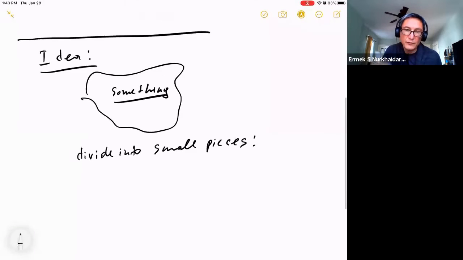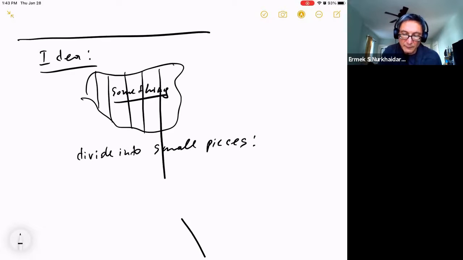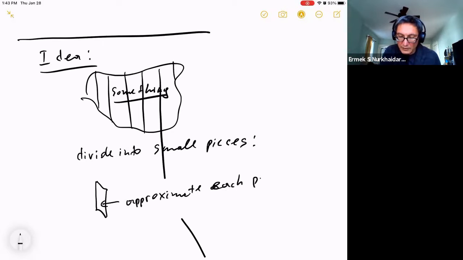Something which we did when finding area: we did rectangles, right? So remember these pieces. And then approximate each piece.